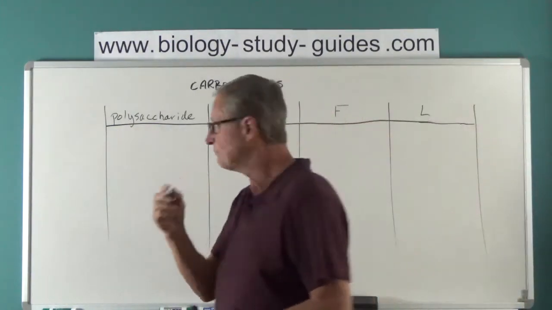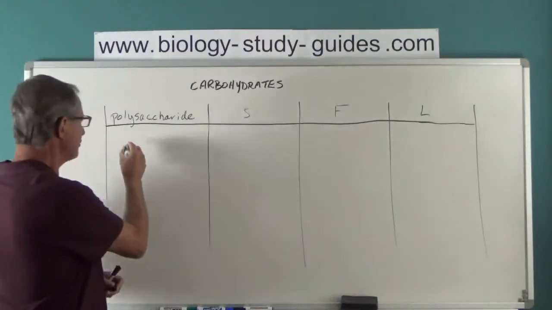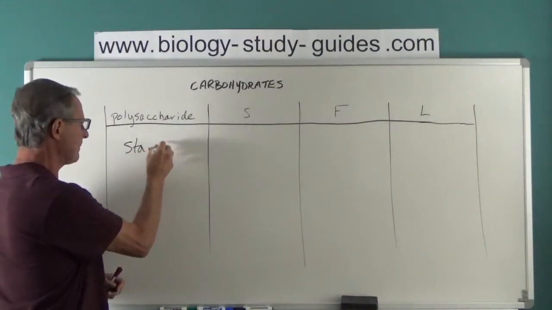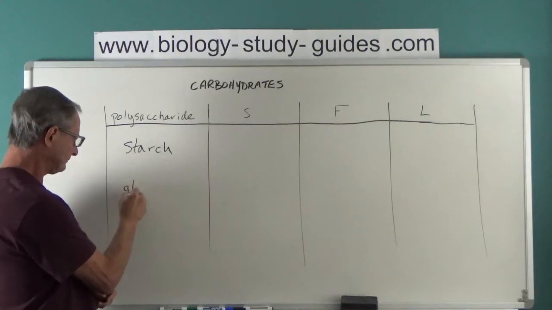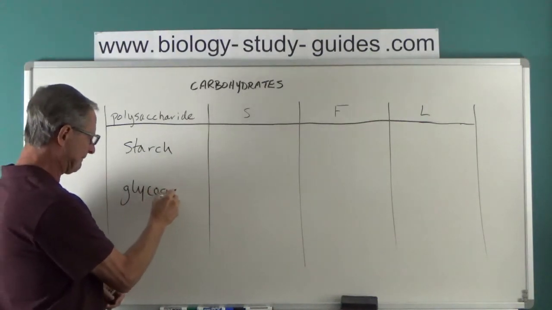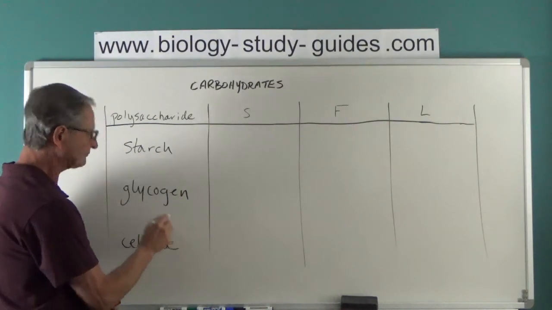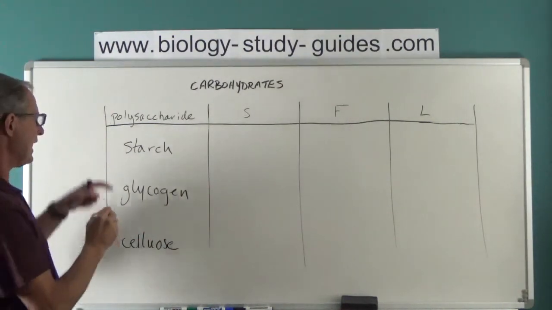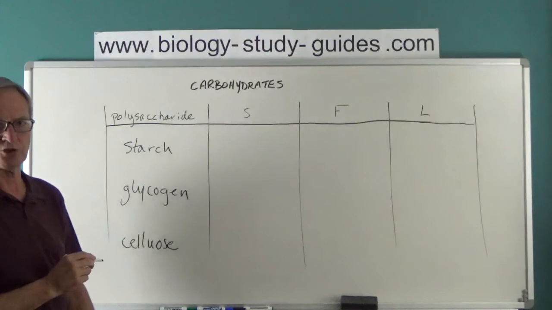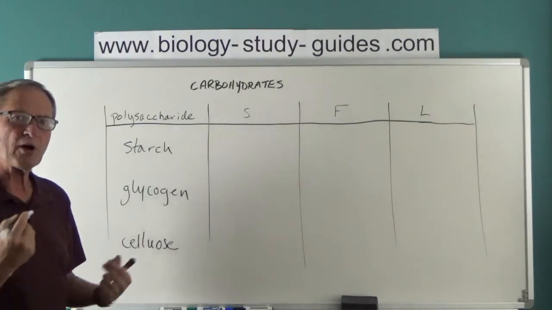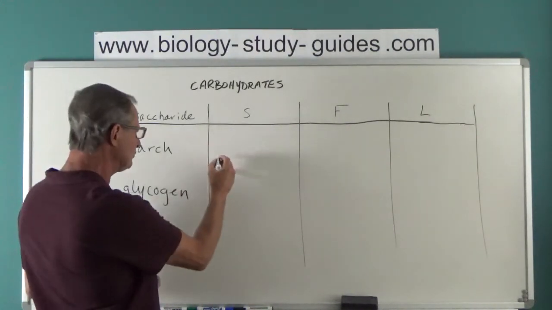So I said there's three polysaccharides. We've got starch, glycogen, and cellulose. Structure. How is starch different from glycogen? Well, they're both polysaccharides. They're both polyglucose.